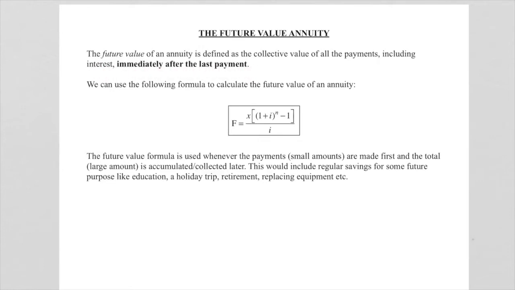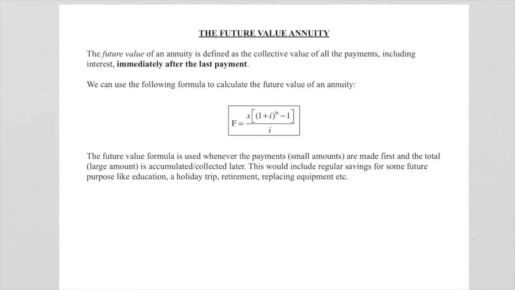So it's imperative for you to remember that future value goes always together with the last payment. This is the formula that we're going to use for future value annuities. F for future value, X, that is your monthly payment, 1 plus I to the n minus 1 over I.